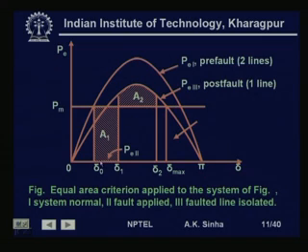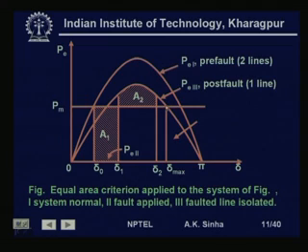With the same thing we can see, instead of tripping this line when we have reached delta 1, if we tripped it a little later, that is if this delta 1 was here, then again what we find is the accelerating area will increase up to this point and the decelerating area available will be only up to this much.